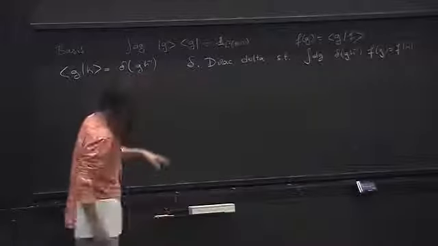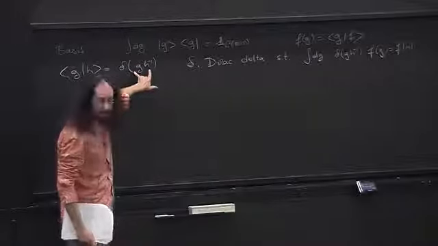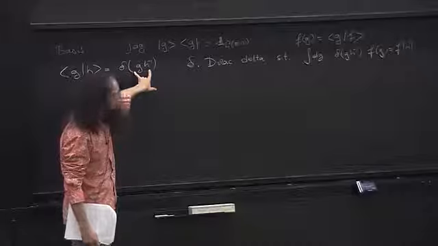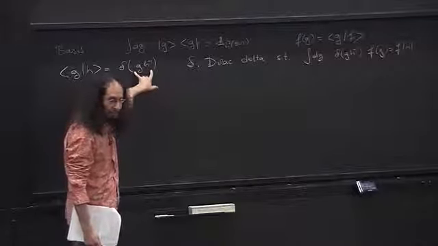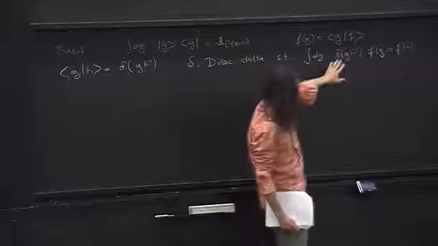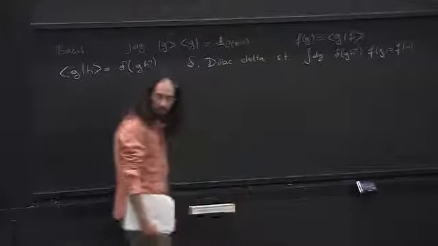So the notation means that what's inside the delta should be the identity. So g h to the minus 1 should be 1, which means g equals h. And that's the definition of the delta function.